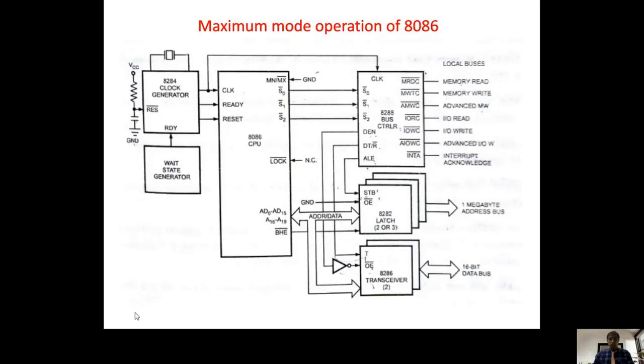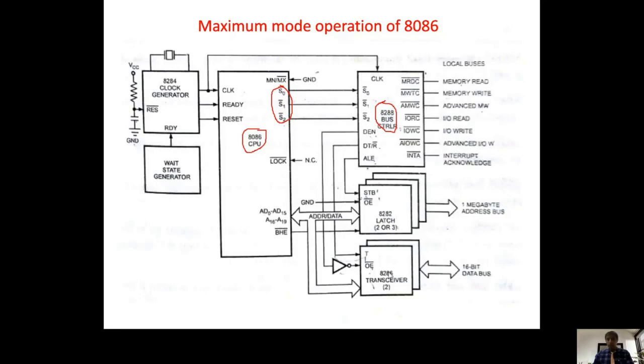Here there is one external bus controller, the 8288. It acts like a slave, and the 8086 microprocessor will give commands to the 8288 via 3 pins: S0 bar, S1 bar, and S2 bar. With the help of these 3 pins, the 8086 tells the 8288 which operation to perform.